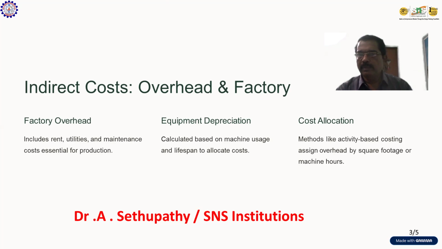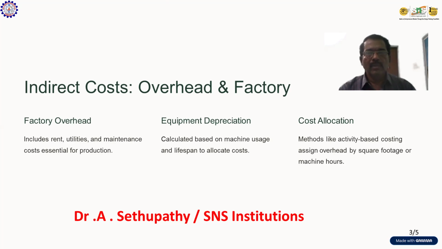Then equipment depreciation, that is the calculation of the machine year by year, as the cost will be depreciated. That is one of the indirect costs. So how will the cost be allocated? Methods like activity-based costing assign overhead by square footage or machine hours.